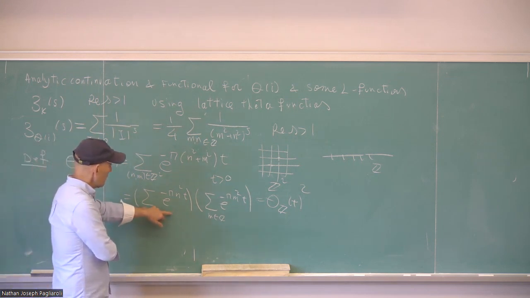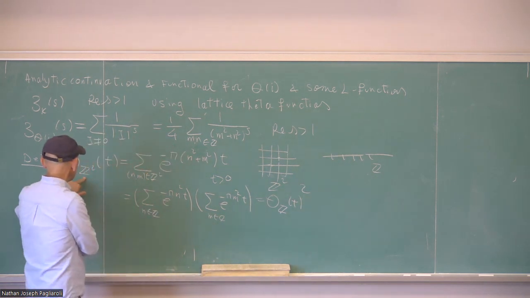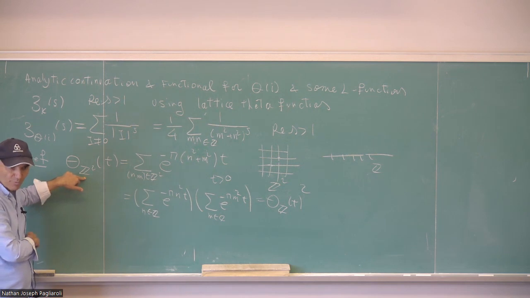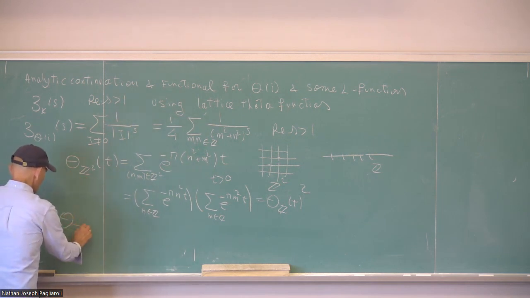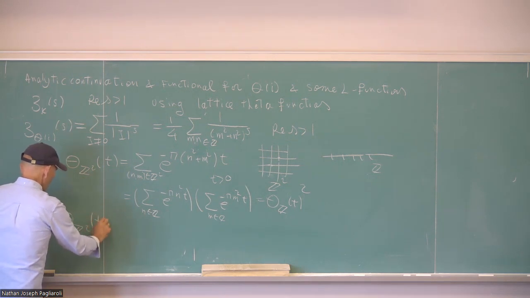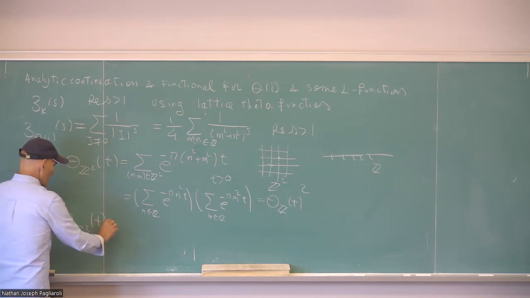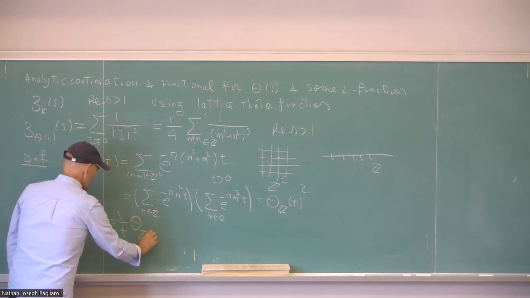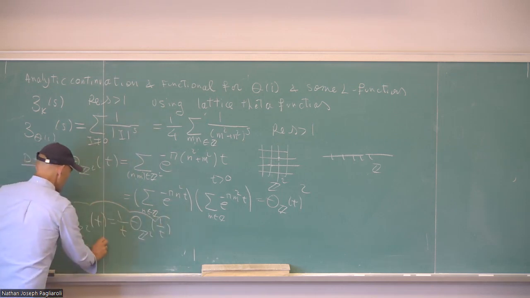From this calculation, you can see that this lattice Z^2 theta function has a different modular property now. What is theta Z^2 of t in terms of 1 over t? This becomes equal to 1 over t times theta Z^2 of 1 over t. This is the modular property.